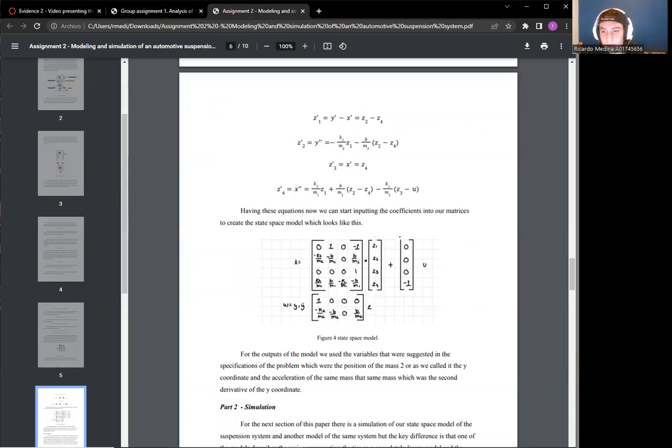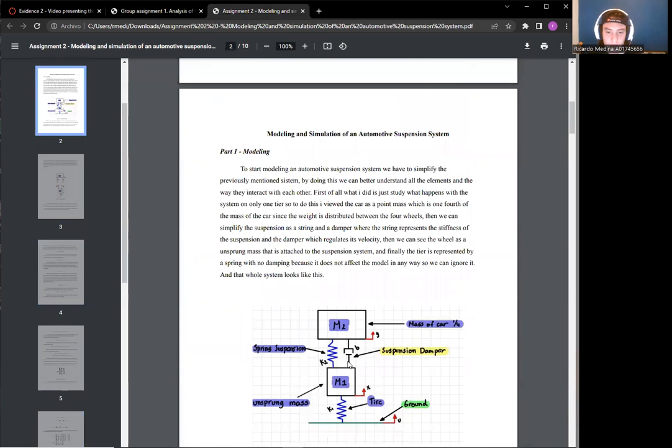We can look at a suspension system like this: two masses. One mass is 1/4 of the mass of the car, because the whole car divides its mass among the four wheels, so we're only looking at one wheel. Then there is the unsprung mass, and these two are connected by a spring and a damper.